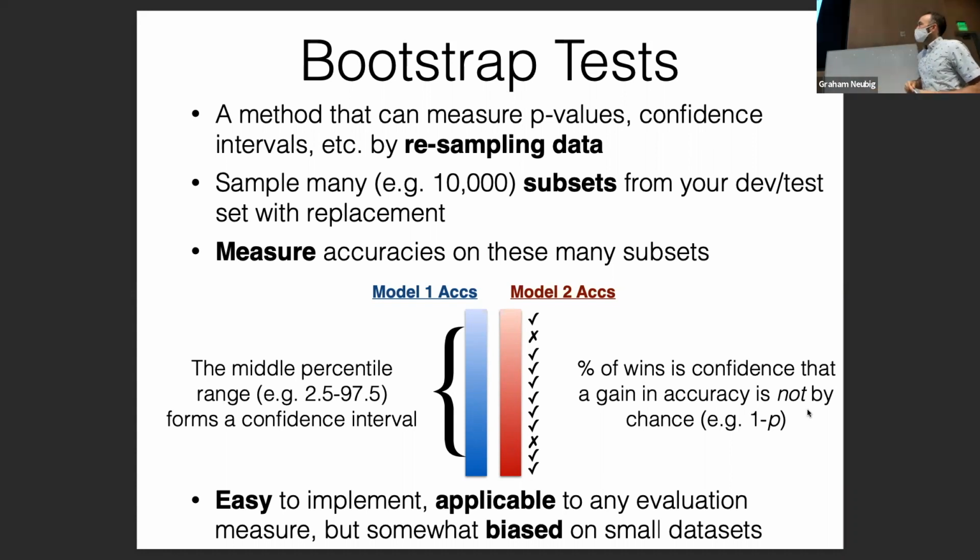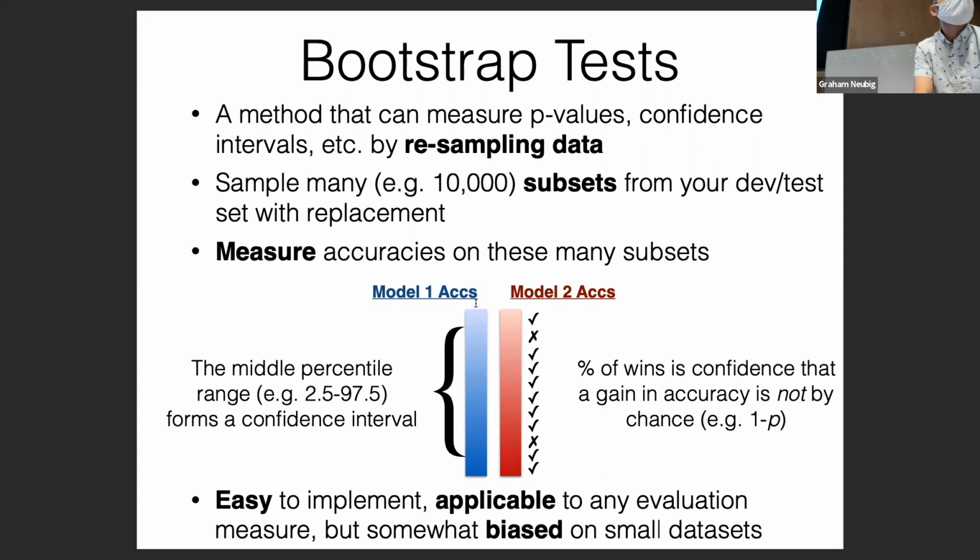So the advantage of Bootstrap tests is they're very easy to implement. In fact, we have an implementation in the code example, which I'm going to show you now. Another really nice advantage of them is they're applicable to any evaluation measure. The reason is that when you're doing this model comparison, you can calculate any measure you want.